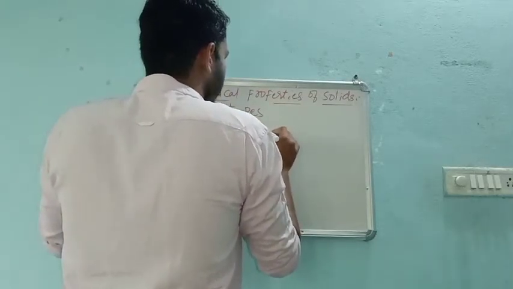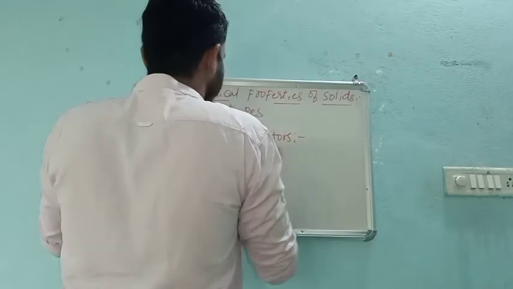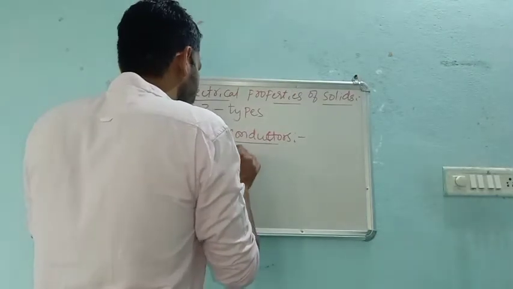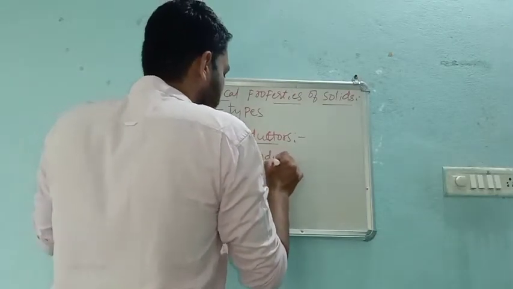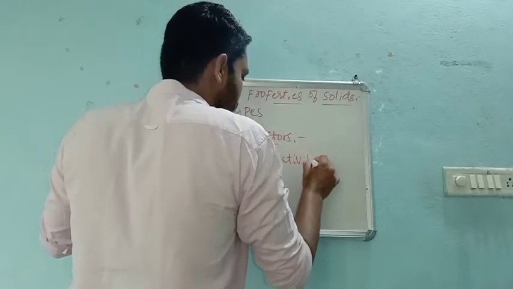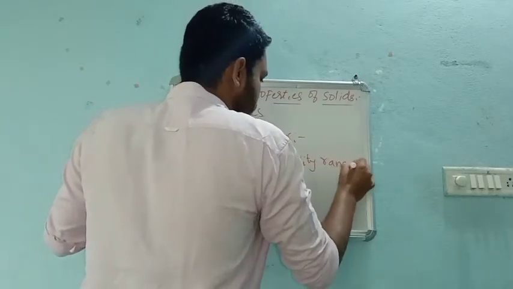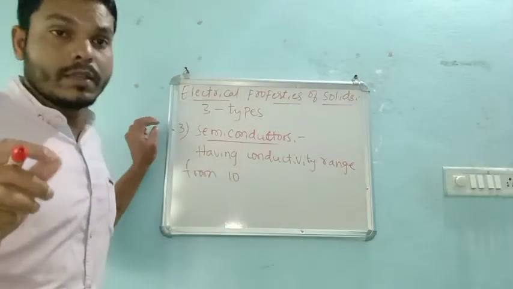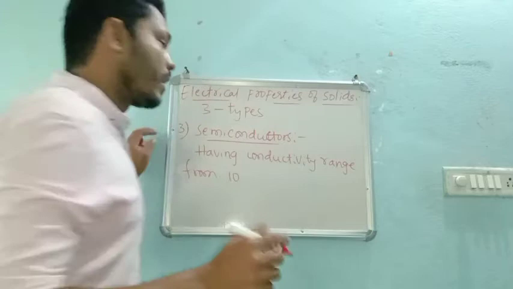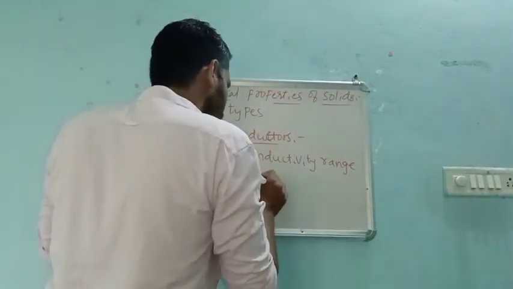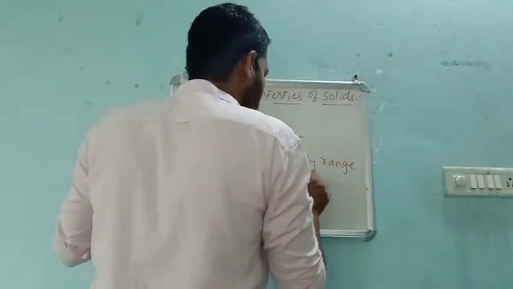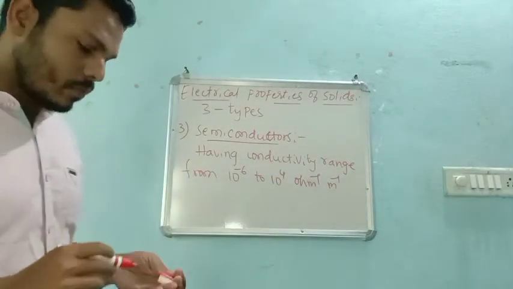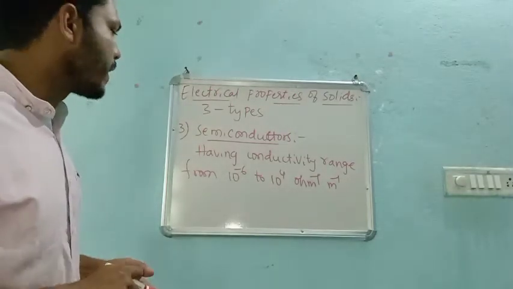These are solid substances having a conductivity range from 10 raised to minus 6 to 10 raised to 4 per ohm per meter. They are called semiconductors.